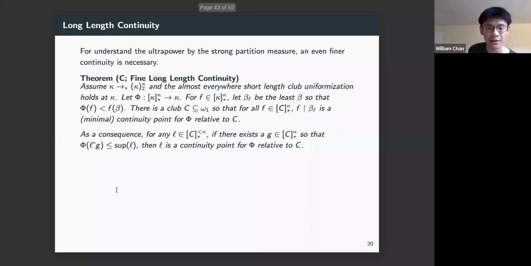Under the same setting, if you have a function f, let beta f be the least beta so that phi of f is less than f of beta.